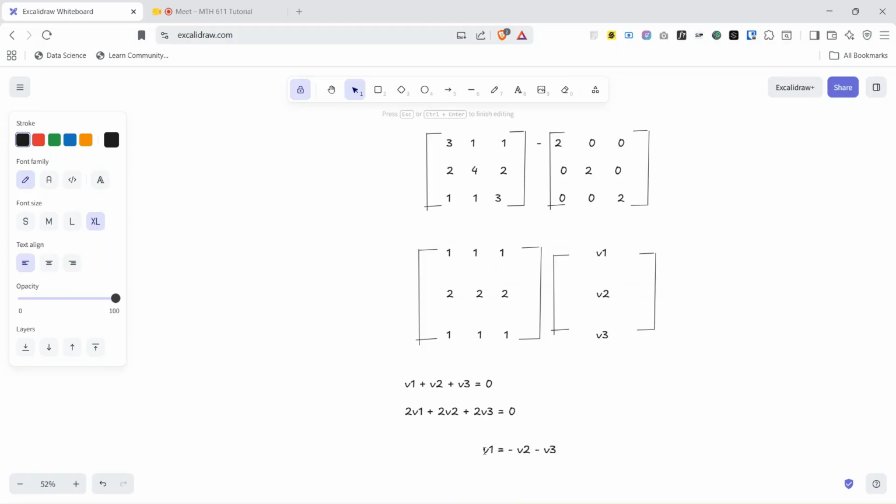So let's set V2 equal to 1 and V3 equal to 0. This would now mean that our V1 would be equal to minus 1. So our V1 would be minus 1, our V2 would be 1, and our V3 would be 0.